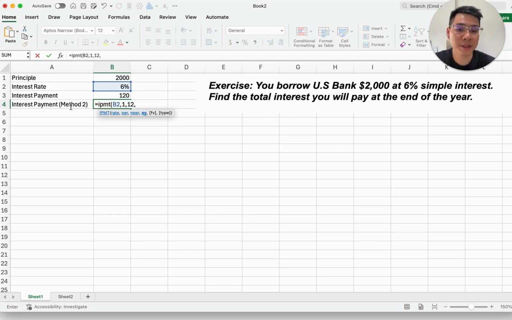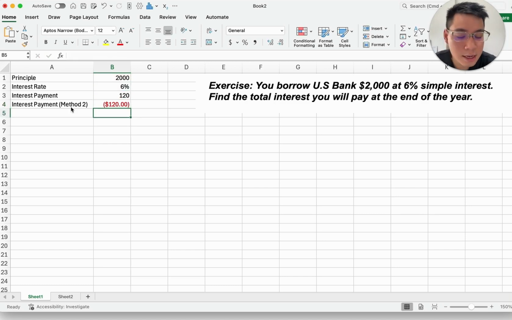The present value is the 2,000 that we are borrowing, which is the principal, and we pay it all back with the future value at the end of the year. That's the setup of the formula for this problem, and you can see that the interest payment for each period is $120.